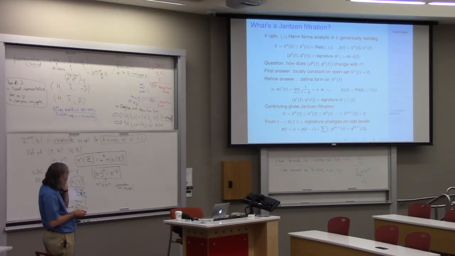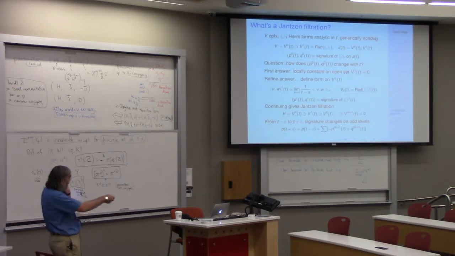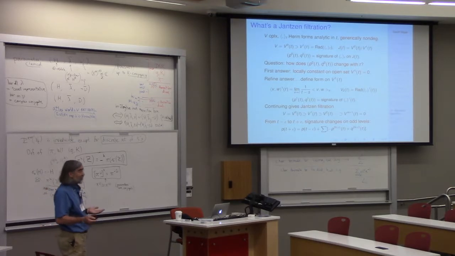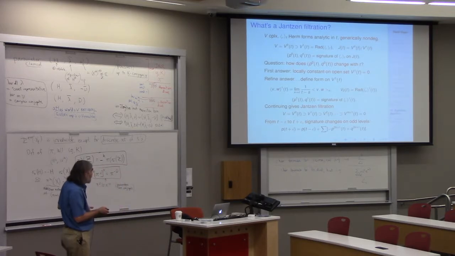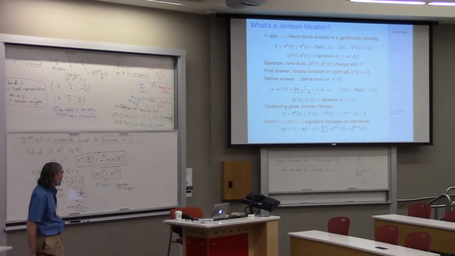So if you know the form for smaller values of T, this gives you a formula at higher values of T in terms of these levels of the Janssen filtration. So this is a precise statement of how this generic signature changes at a place where the form acquires a radical.